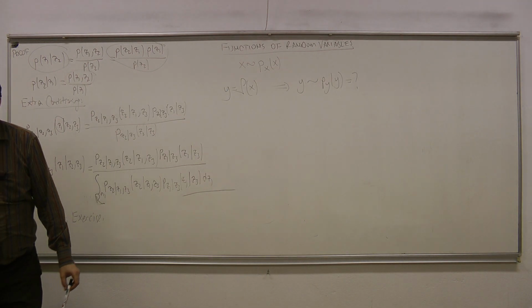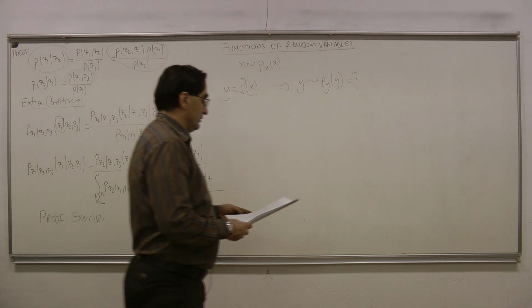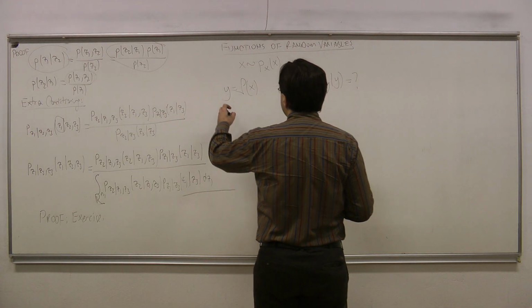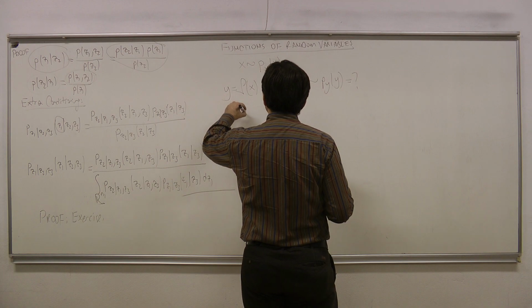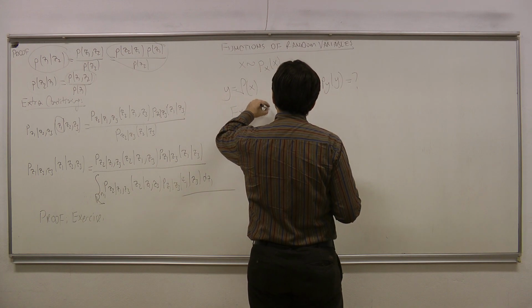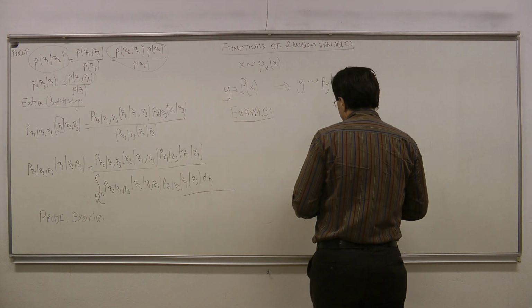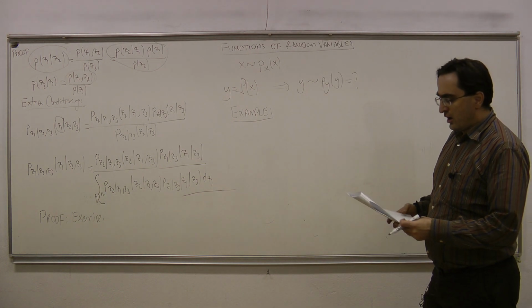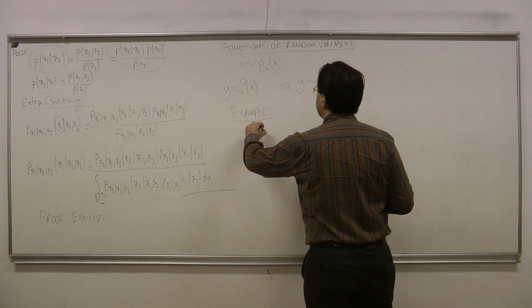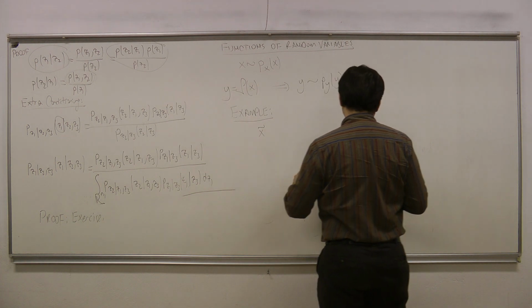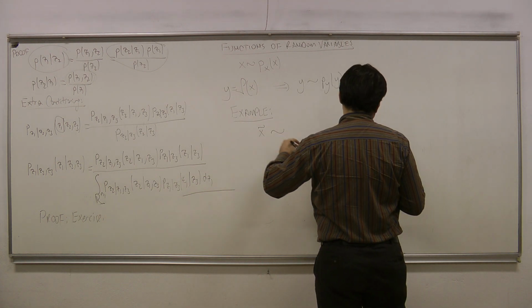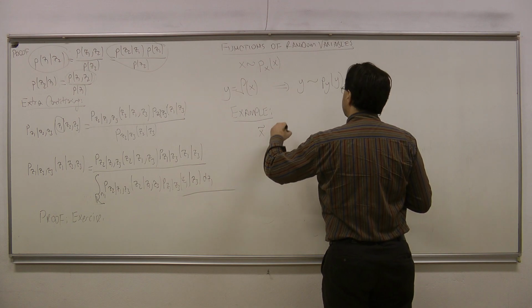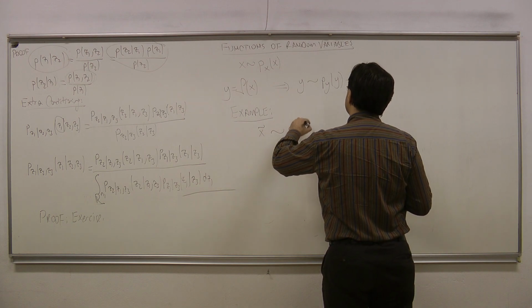Okay? Here I will just solve a simple example, a very, very common example actually. And here, in order to not clutter the notation, I will just show the random variables with tildes. Okay? So suppose that the random variable x tilde is distributed p_x tilde(x).